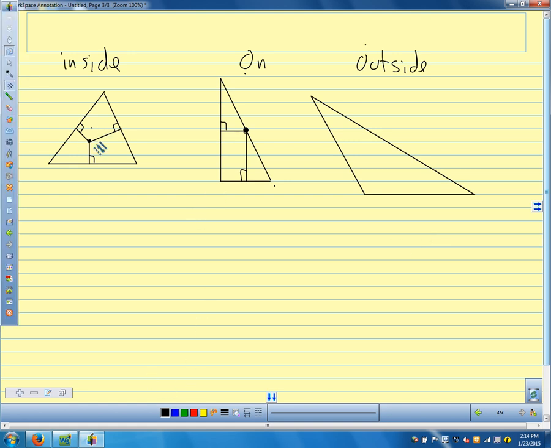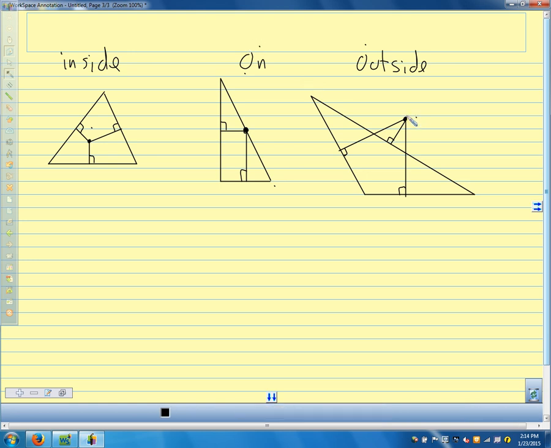So this would be an oblique triangle. Obtuse, one of the angles is bigger than 90 degrees. So our circumcenter here would be outside the triangle. So it can be any one of those three places.